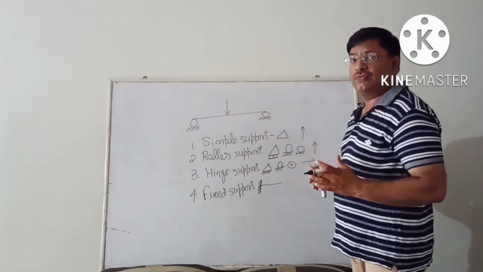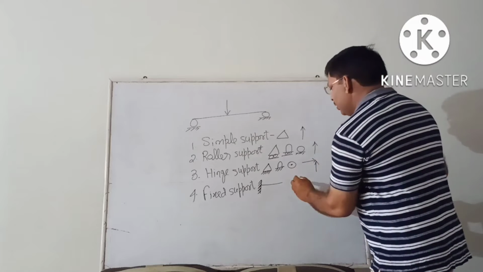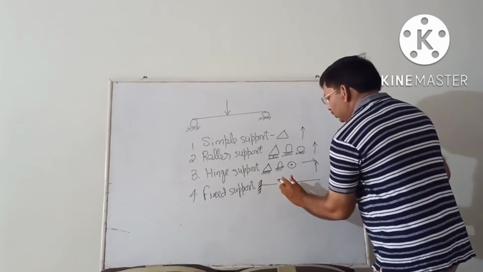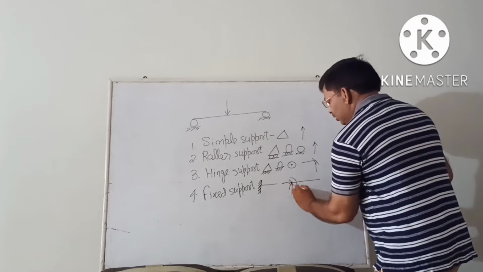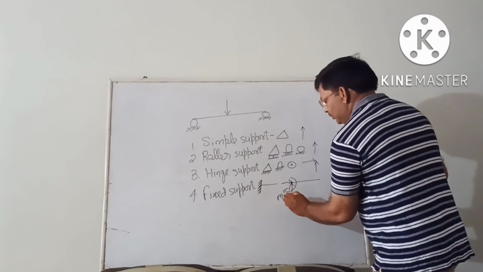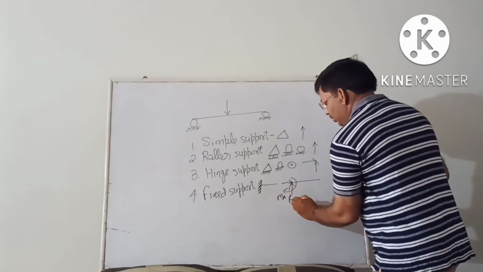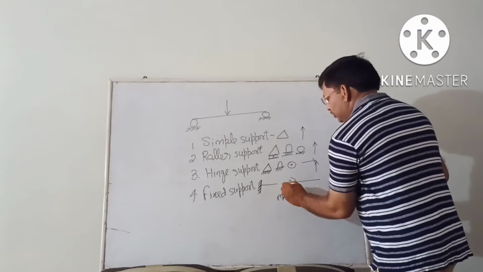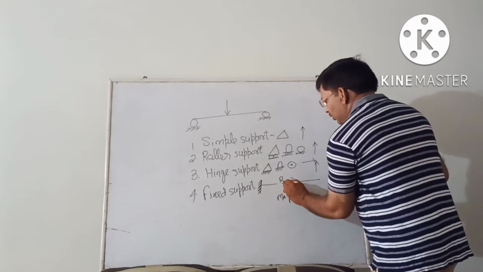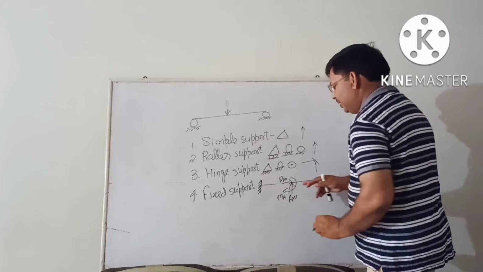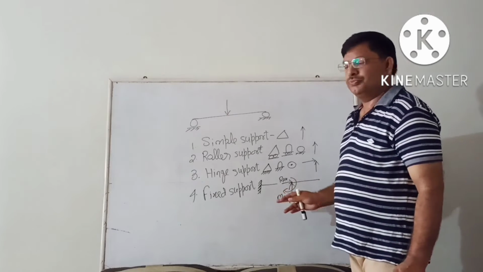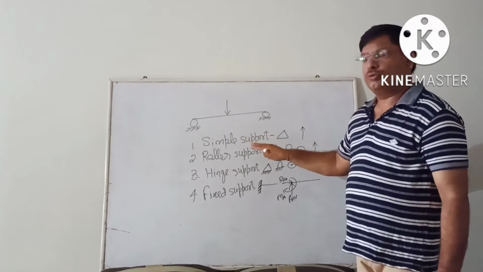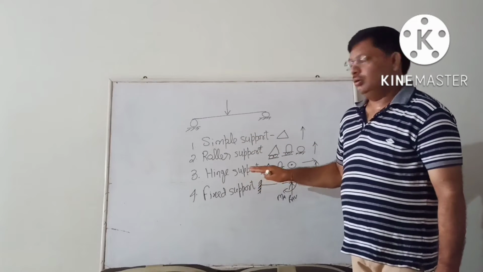Now whenever we draw the free body diagram of a fixed support, we have to take one vertical reaction, one horizontal reaction and one moment. Suppose the point is A, so we take RAV, that is our vertical reaction at A, horizontal reaction at A, RAH, and moment MA. So guys, these are various types of support: simple support, roller support, hinge support and fixed support.